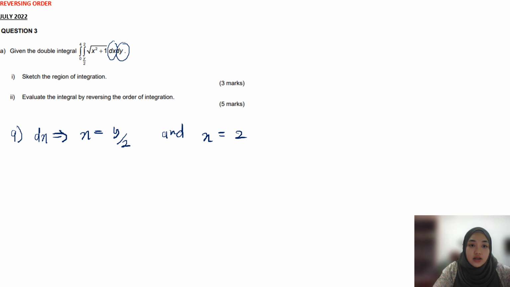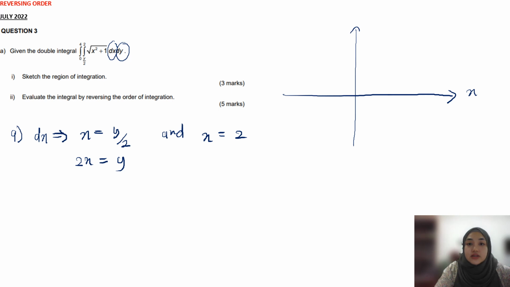For x equals y over 2, you get 2x equals y. So your graph is y equals 2x, and then the other one is x equals 2. On the x axis and y axis, x equals 2 is supposed to be here, so you draw a line at x equals 2. Then y equals 2x is supposed to be here.